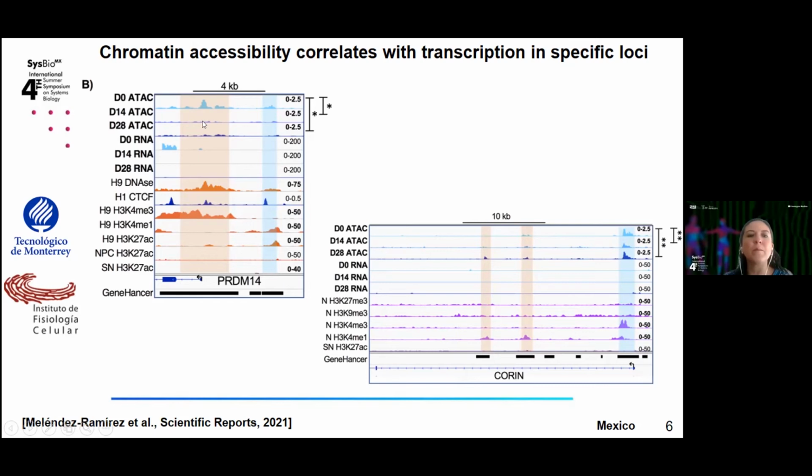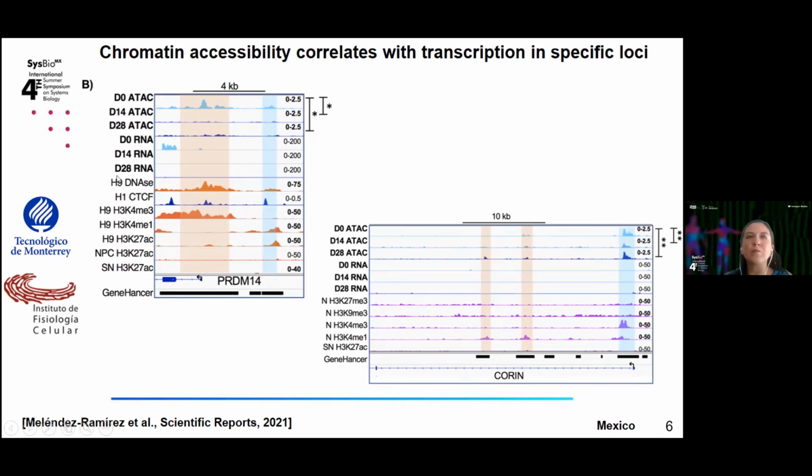And these regions become inaccessible at day 28. That also makes sense because this gene will stop being transcribed. The transcription of this gene is high in day 0, but it's mainly silenced at day 28. So this is a perfect example of how we can match chromatin accessible regions with transcription.